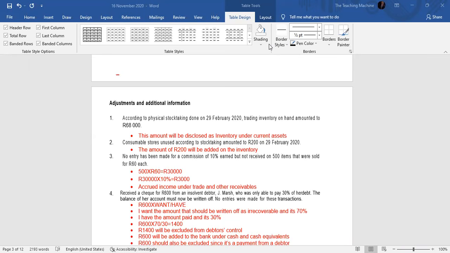But we have only received 600 that needs to go to the bank. If Marsh comes back in future and settles this 1.4, then we will disclose this 1.4 as the bad debt recovered. I hope you are answered, Phil.